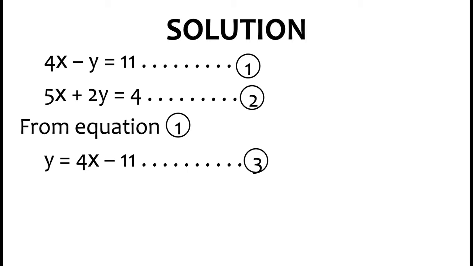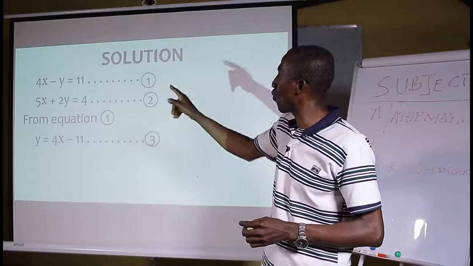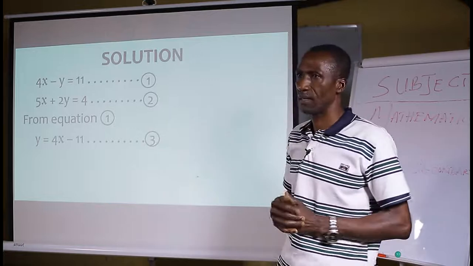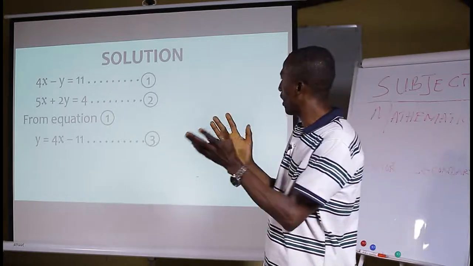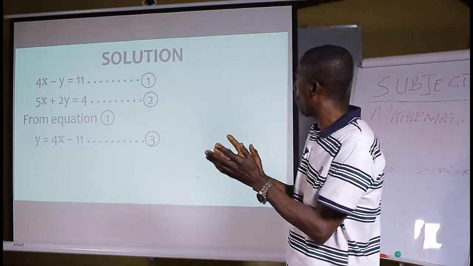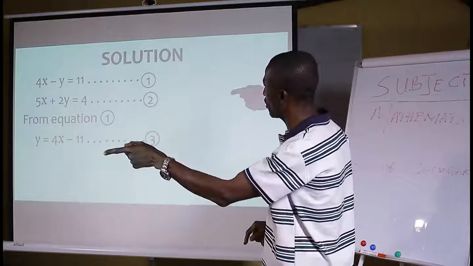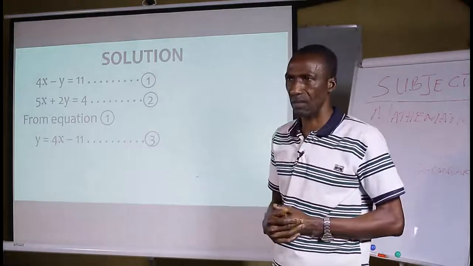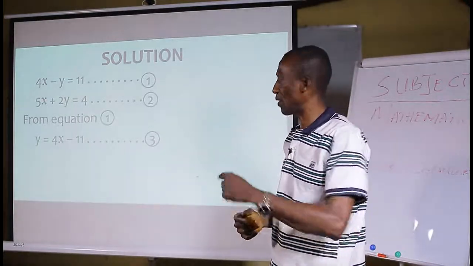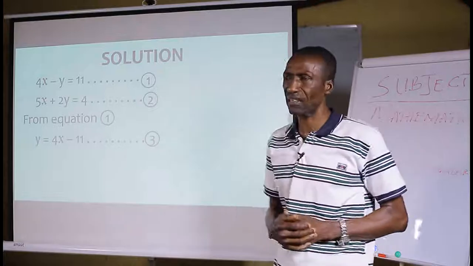Then, from equation 1, why am I considering equation 1? Because the coefficient of y there is 1, even though it's negative 1, but I'm using 1 for simplification. So now, I am making y the subject of the formula. By collecting the like terms, plus 11 crosses to the right and becomes minus 11.